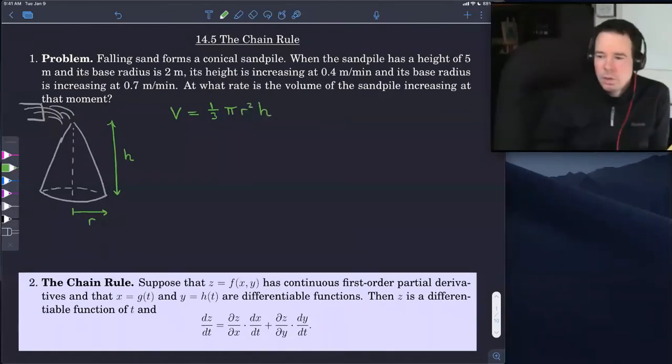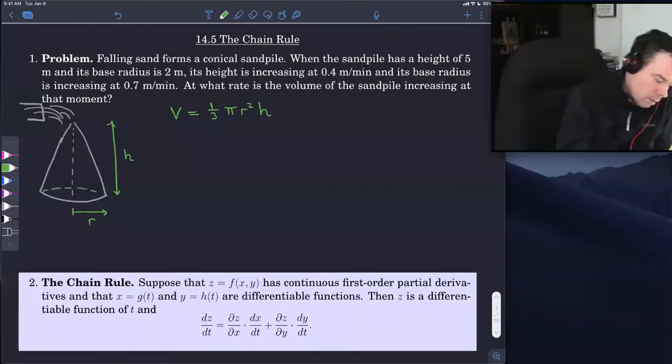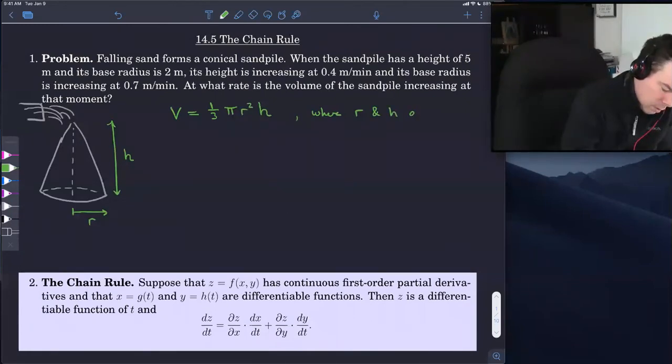It's basically 1/3 the volume of the corresponding cylinder you would get with a constant cross-sectional radius of r. So that's the volume of our cone. And what we have is that r and h are both functions of t.